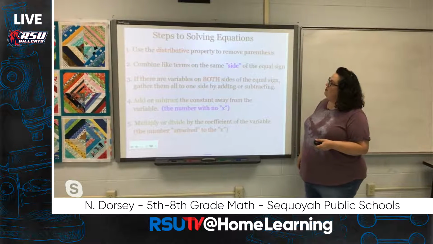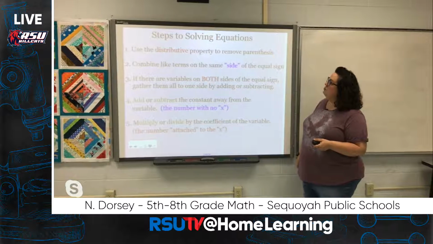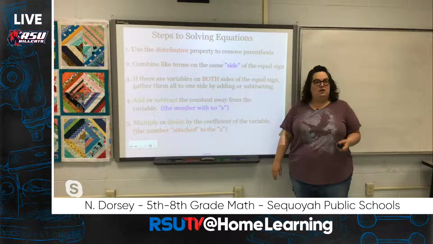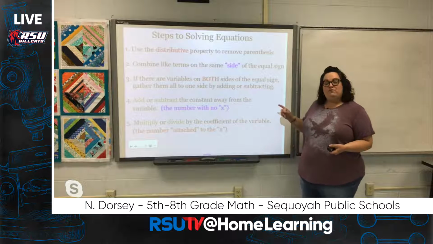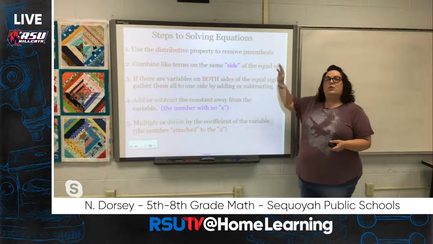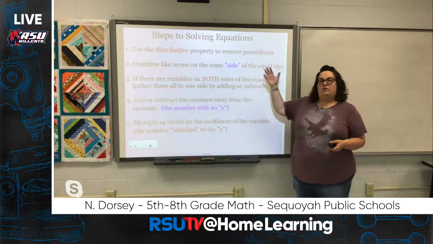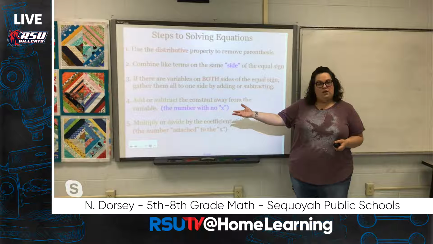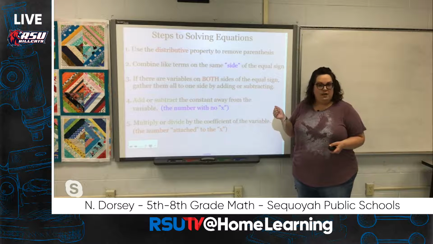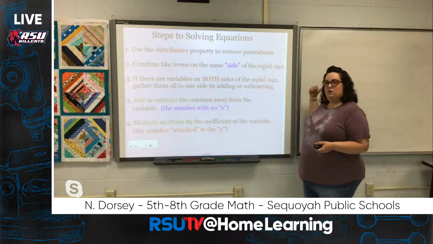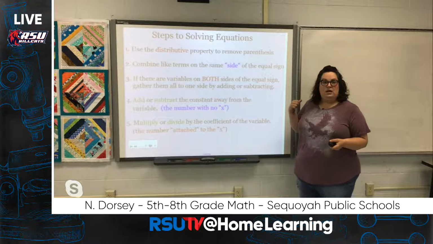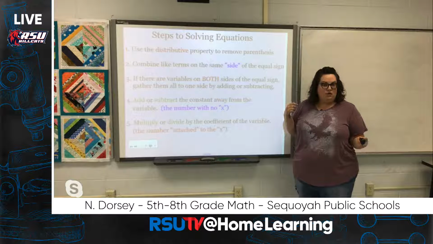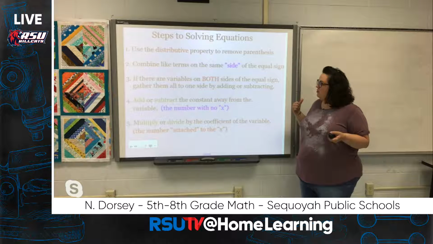Step 2 says combine like terms on the same side of the equal sign. So once we've gotten rid of the parentheses, we're going to look at the left side of the equation. Is there anything I can put together? Then we're going to look at the right side of the equation and ask ourselves the same question. Is there anything I can put together?